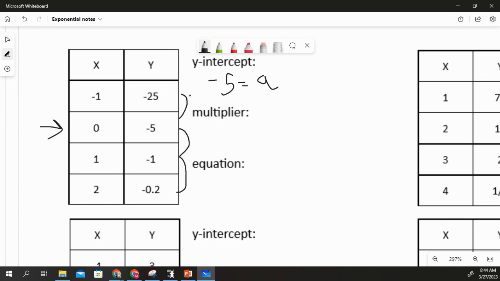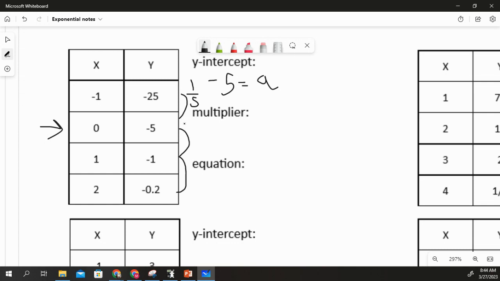If we are doing this as a division problem, it would be dividing by 5. Another way we can write this is as 1 over 5. So if we multiply by 1 over 5, we go from negative 25 to negative 5.